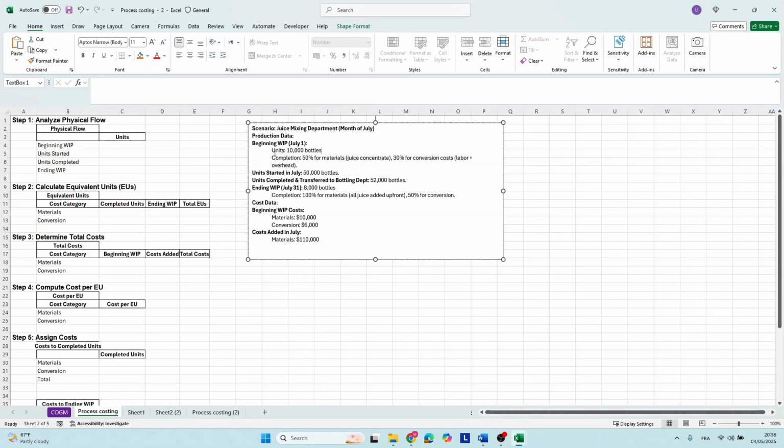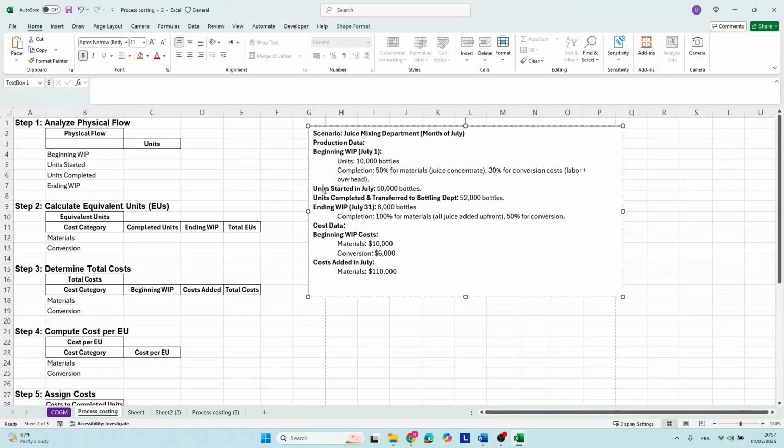At the beginning of June, we have 10,000 bottles, and we got information that they are 50% complete for juice concentrate and 30% for conversion costs, which include labor plus overhead.